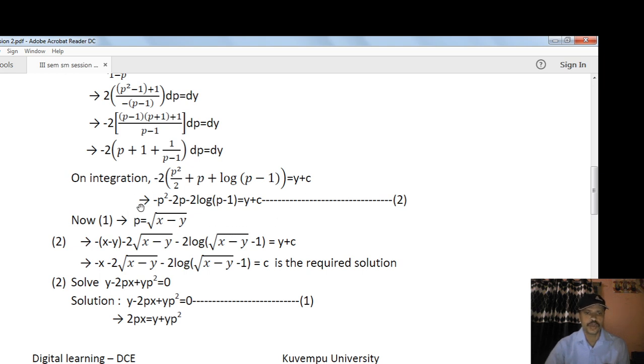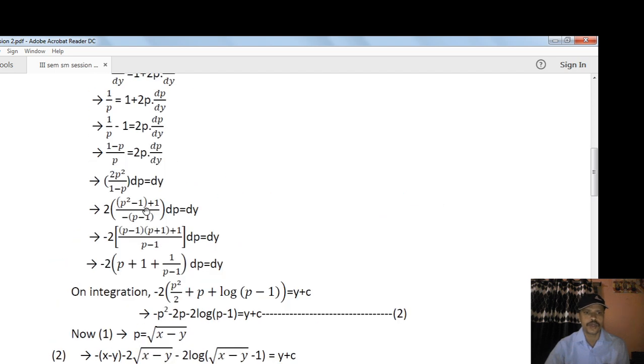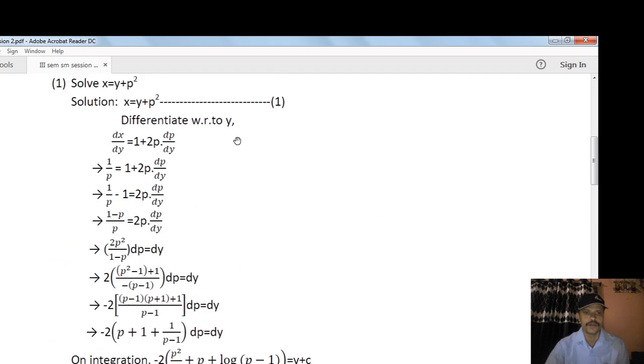Multiply by minus 2. Now 2 gets cancelled. Minus p square minus 2p minus 2 into log of p minus 1 is equal to y plus c. Call this as 2. This equation 2 is the solution of the equation dx by dy equal to 1 plus 2p dp by dy.